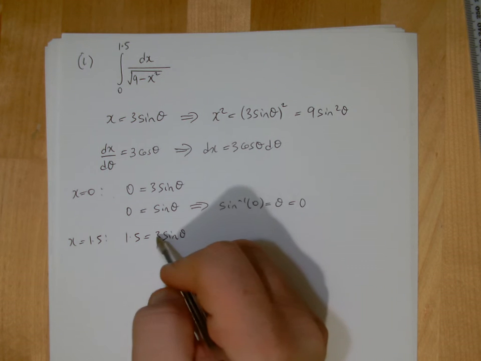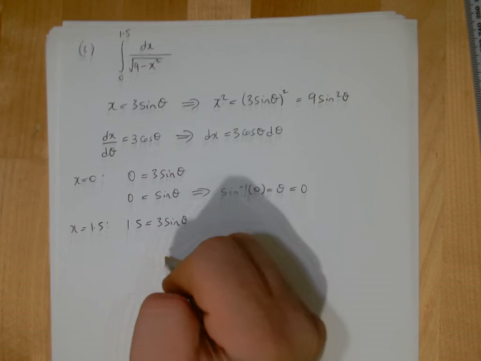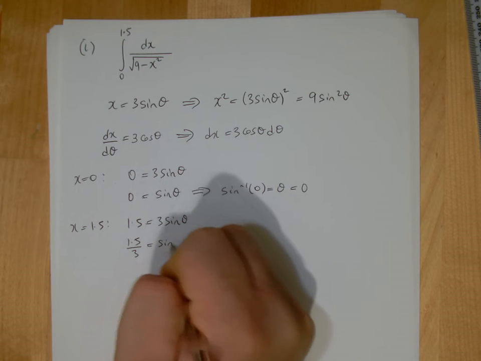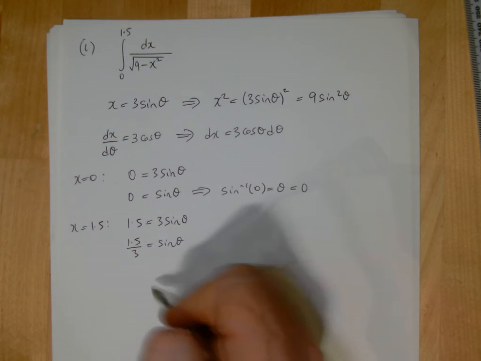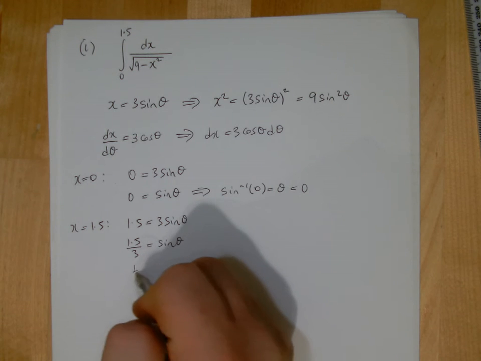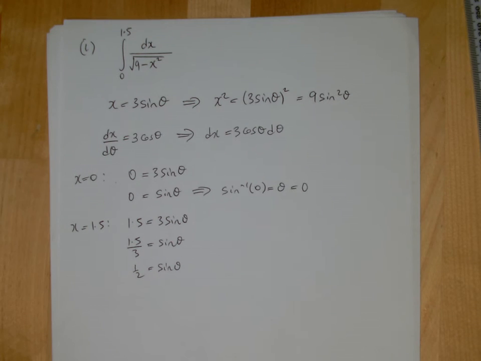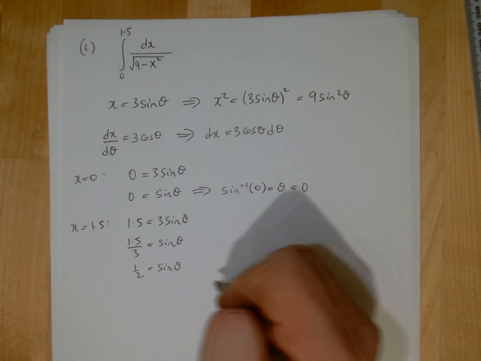If I take the 3 over, I'll have 1.5 divided by 3 equals sine theta. And 1.5 divided by 3 is just a half. So sine theta equals a half.